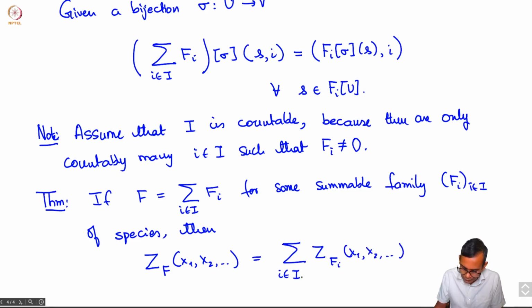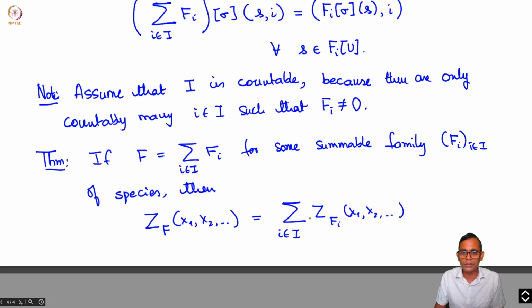Now this on the right hand side is potentially an infinite sum, and so we should also recall what we mean when such an infinite sum converges.